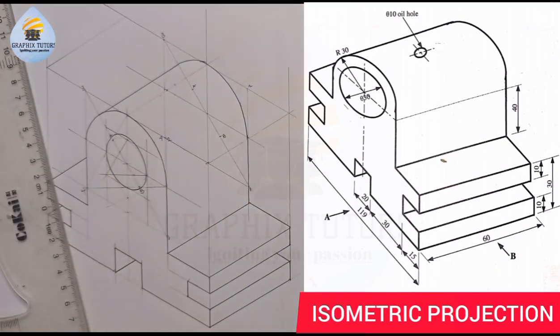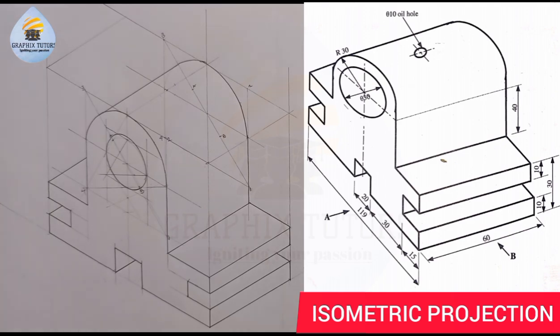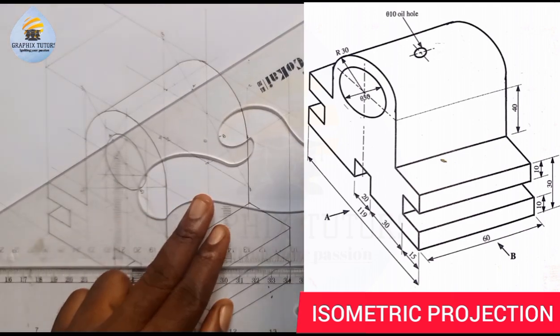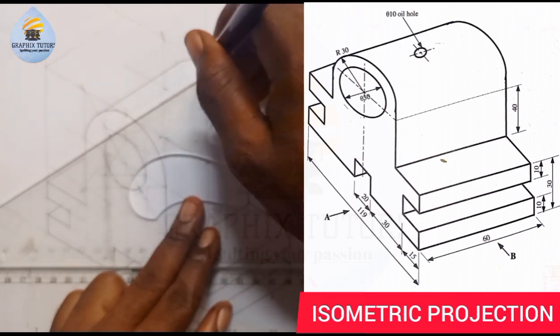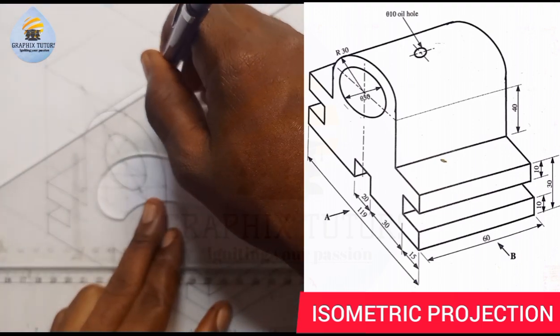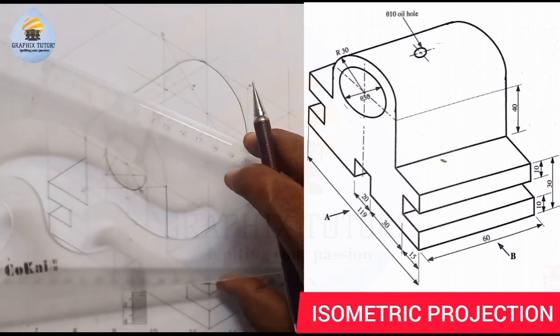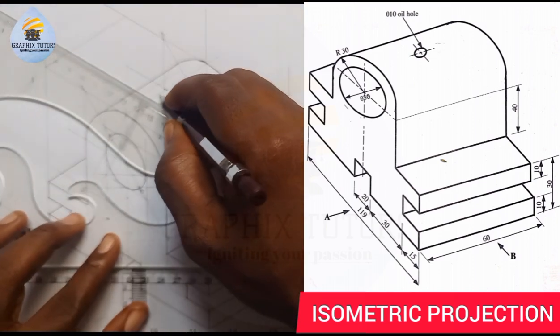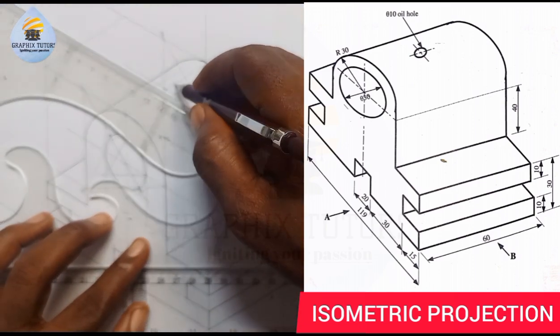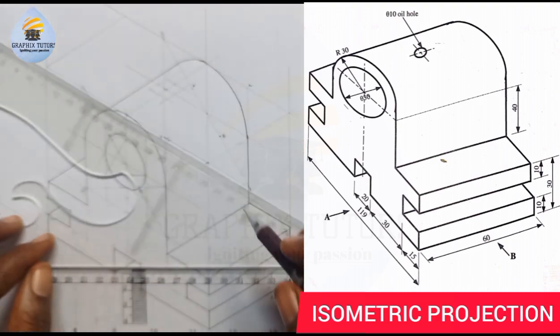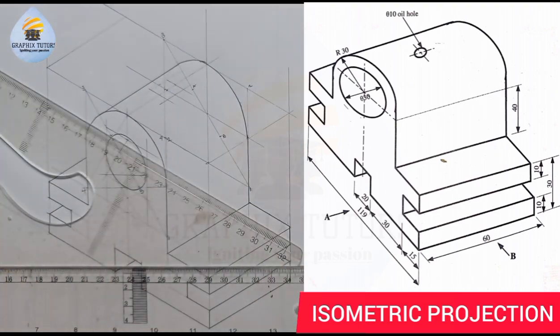Can you see that? Then I'm going to just draw a box on that point. This way, this way, this way, and this way. I'm not ending there.